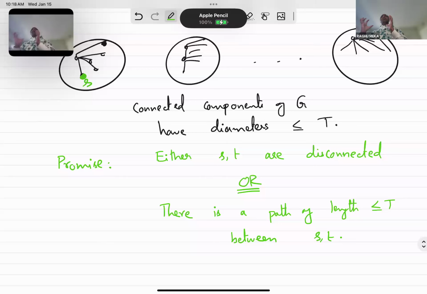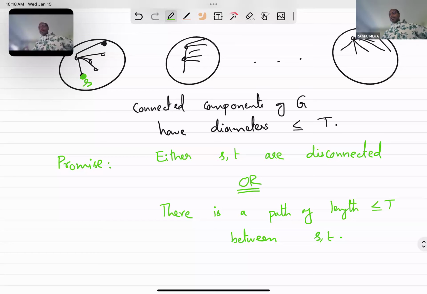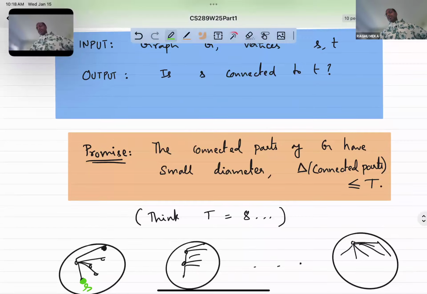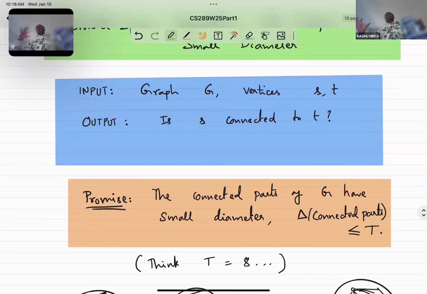So we are making the problem easier by assuming something seemingly very strong about the graph, but this will be a starting point for the full algorithm. Okay, we are trying to identify easy cases of the problem, and then we'll see how we can reduce all cases to these easy cases.